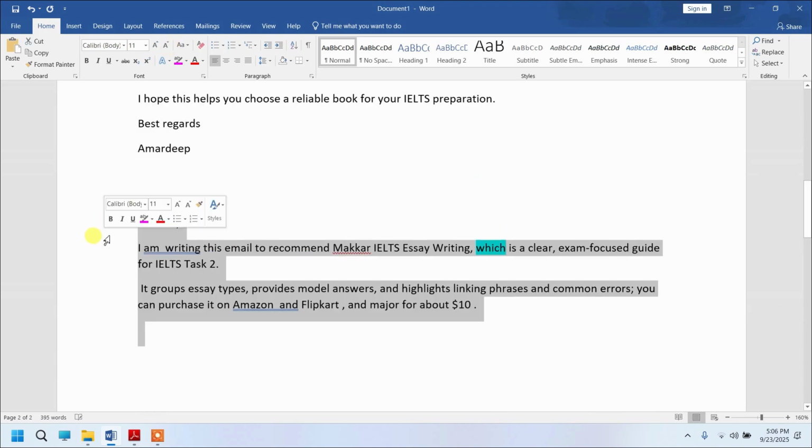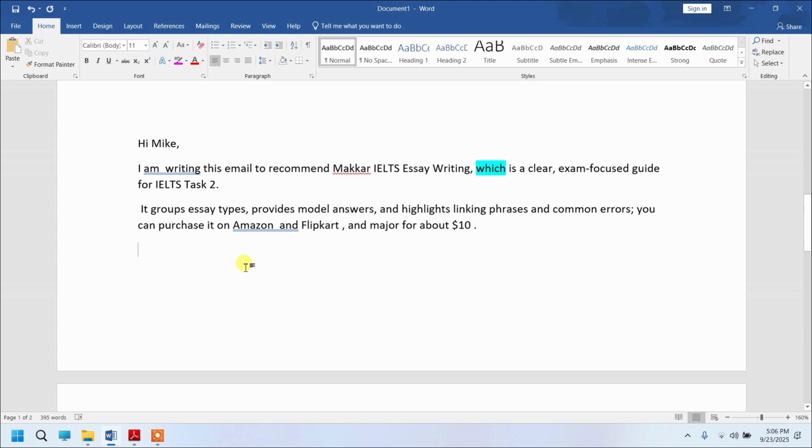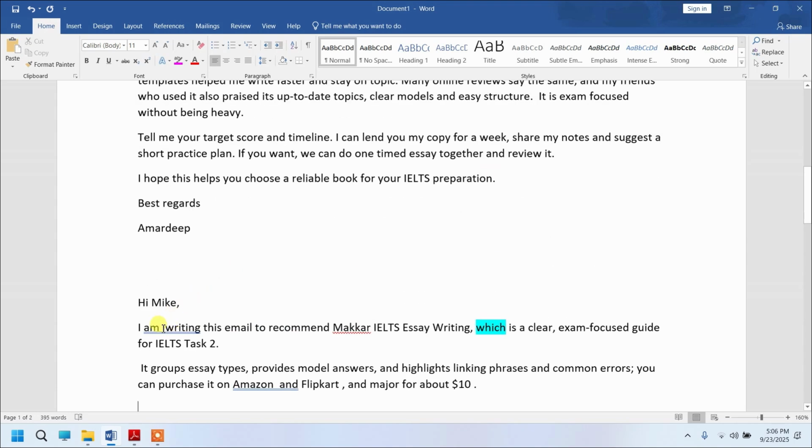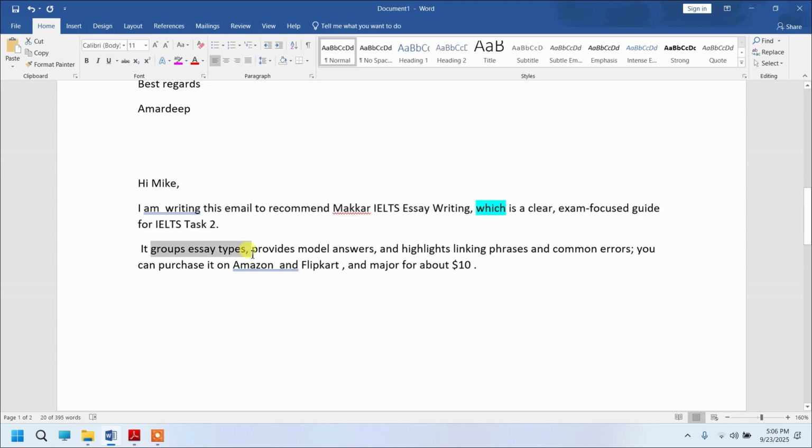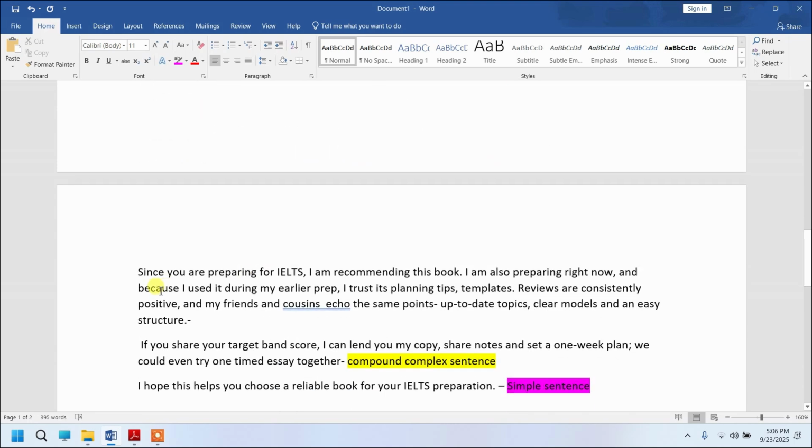How many words have I got? 154. Have I answered the prompt? Yes. This is your opening statement. Then describe the book. So you have basic details about the book, like what this book has, where you can buy it and what the price is. Then why I'm recommending: because you are preparing, and even I have also used this book.